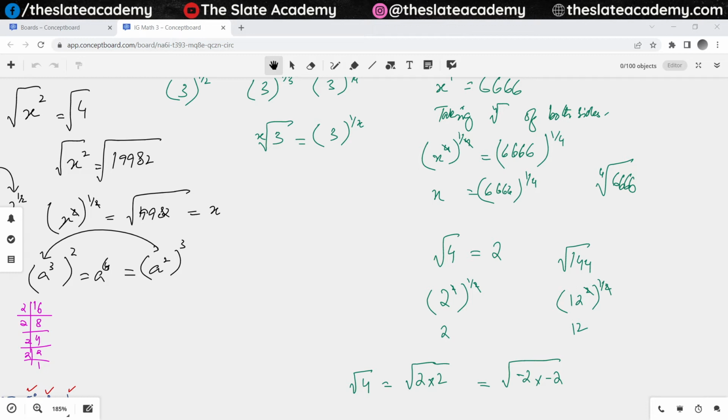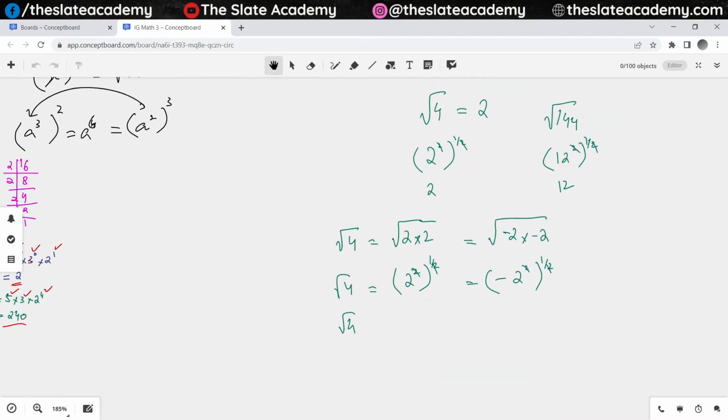That would give me positive. So I can say both 2 squared to the power 1 over 2 and minus 2 squared to the power 1 over 2, they both gave me root 4. So it means when I solve root 4, I get two answers. Those two answers would be positive 2 and negative 2.